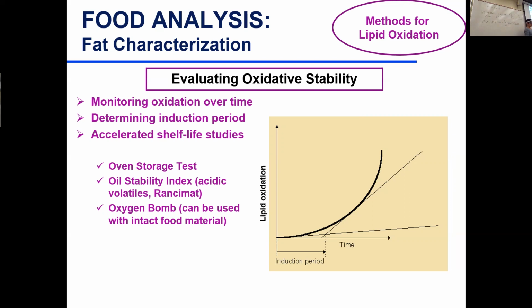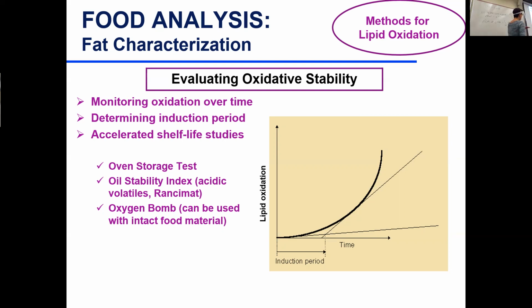So usually we accelerate it for lab purposes at really high temperature, but the oven method is usually 60 to 80 degrees C, and then over several days of storage, not hours. For the lab, we need to speed it up, so we abuse it at really high temperature for a few hours.